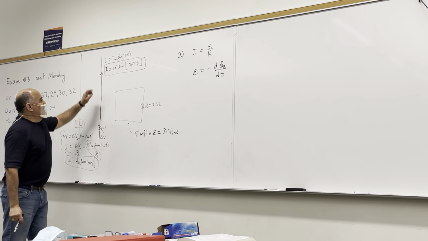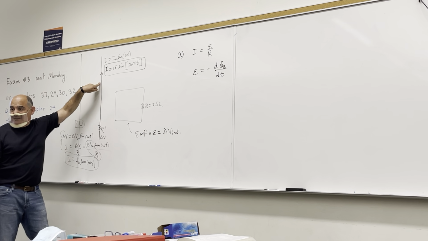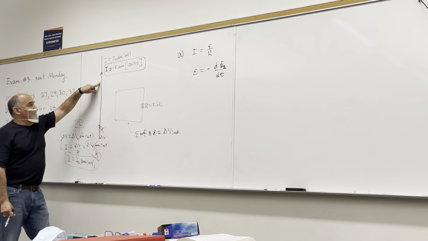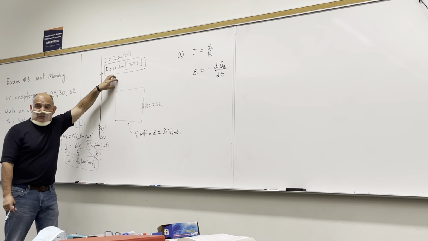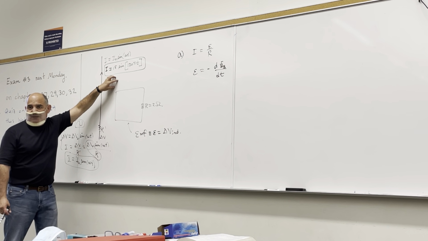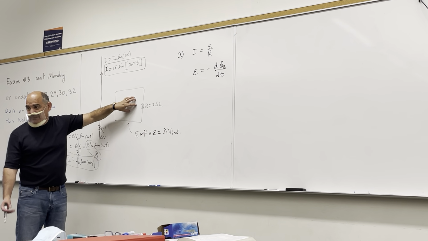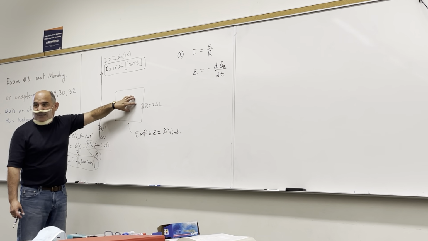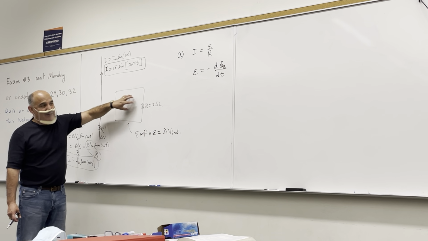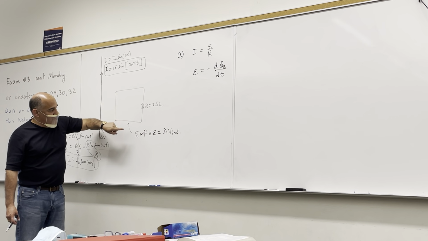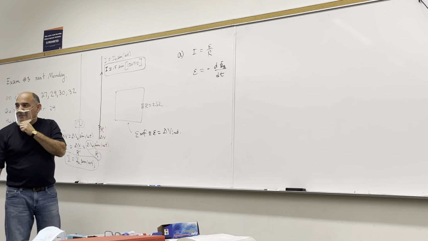So as this current changes, as time goes on, the resulting magnetic field that it produces will be changing as time goes on, and as the magnetic field through this region is changing, the magnetic flux through it is going to be changing as time goes on. And that changing magnetic flux will lead to an induced voltage in that loop.